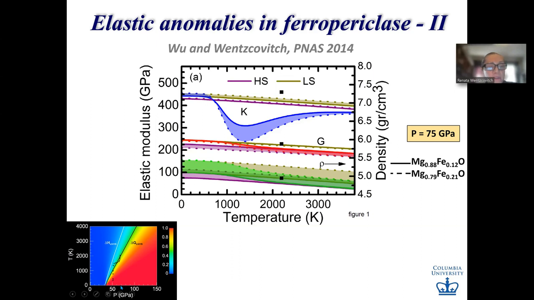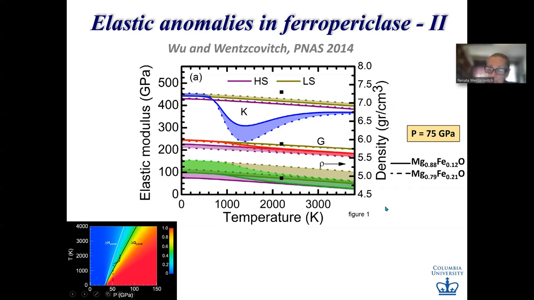I start in the low spin state, and then I increase temperature, and I go through the mixed spin region here. And that's when you have this large anomaly in the bulk modulus. The more iron you have, the larger the anomaly. So here I have two concentrations, 12 and 21, okay? And no serious anomaly in the shear modulus or in the density.